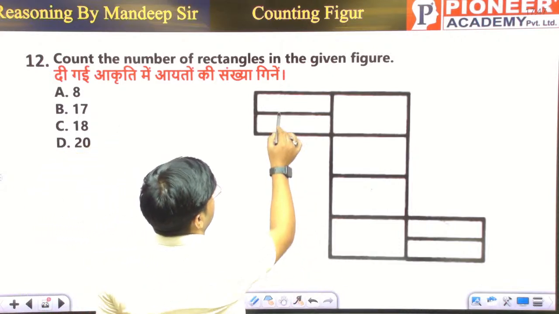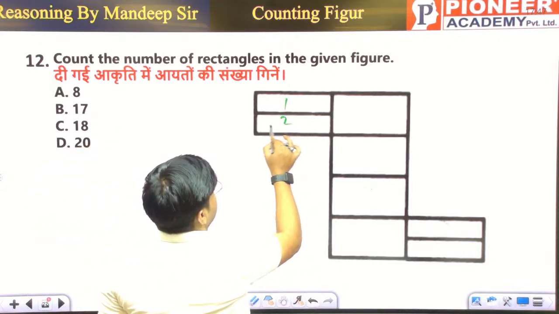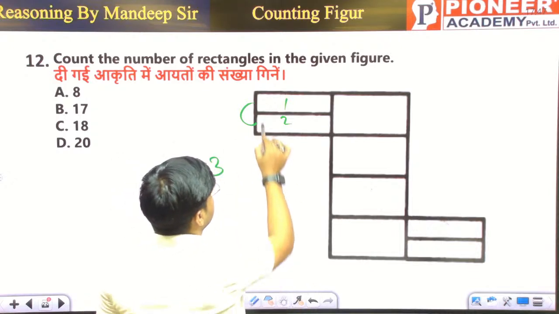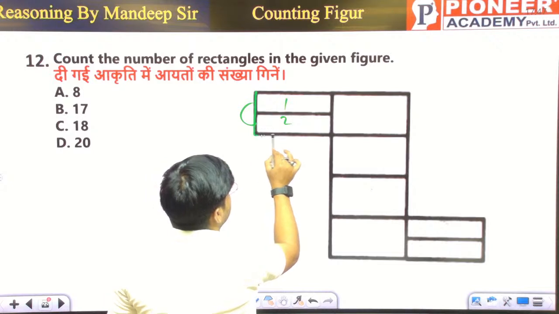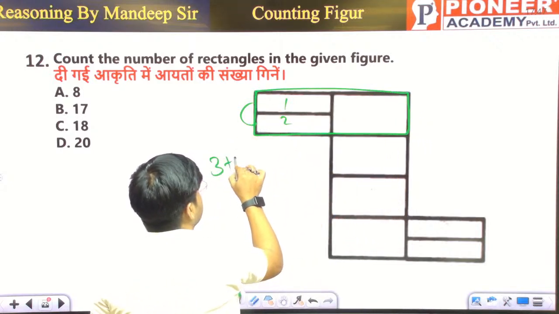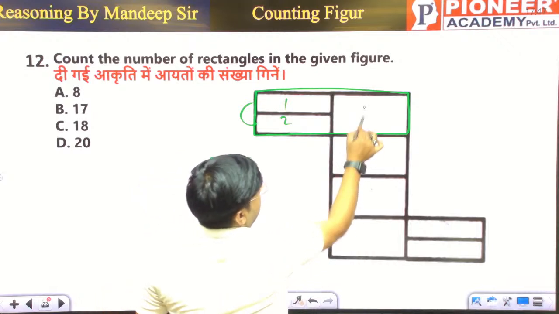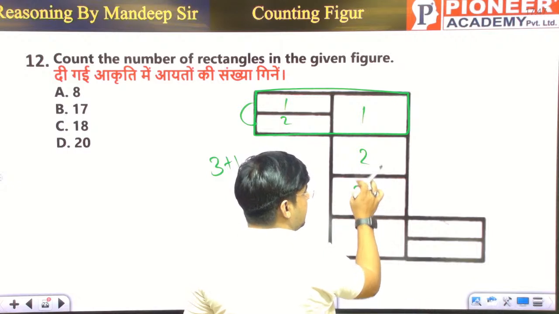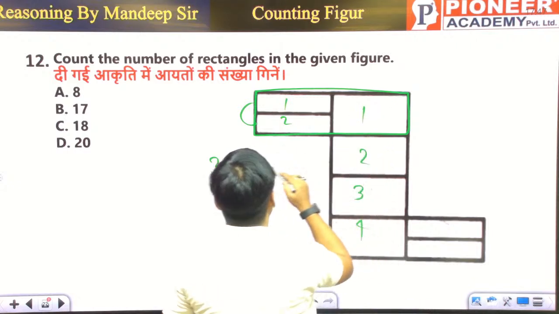There are 1, 2, 1, 1. 3 and 1, 3 plus 1 and 1, 2, 3, 4. 4, 3, 7, 7 plus 2, 9, 9 plus 1, 10.